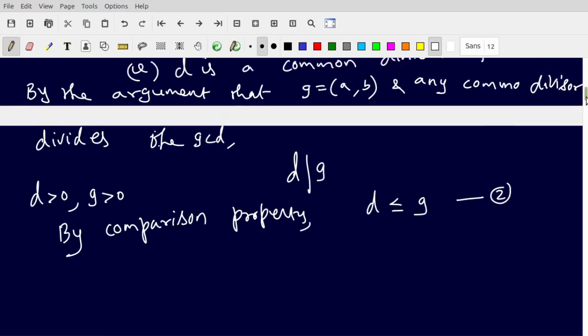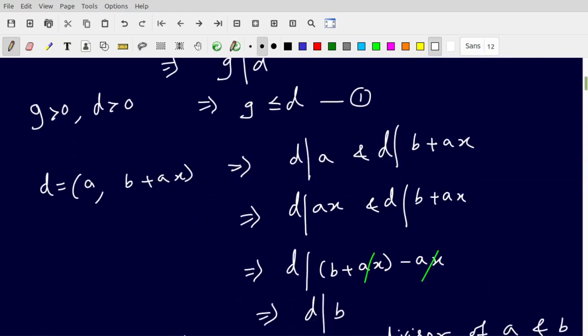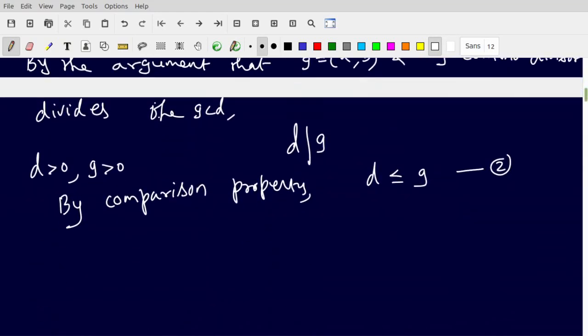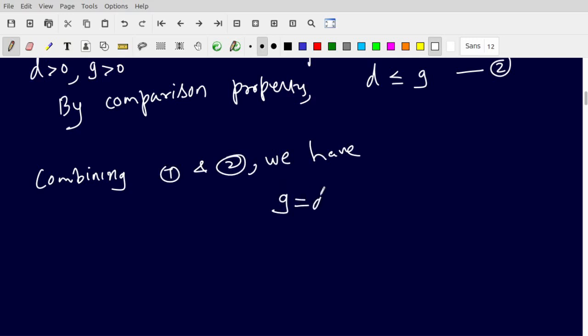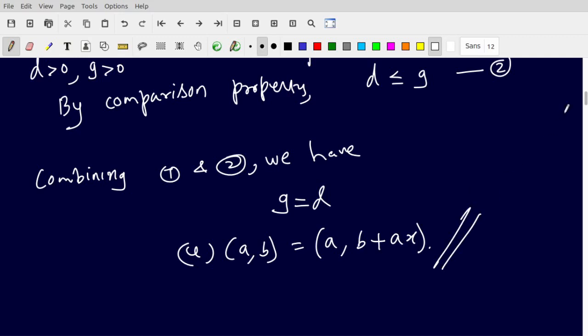Equation 1 is G less than or equal to D, and equation 2 is D less than or equal to G. So combining 1 and 2, we have that G equals D. That is, the GCD of A comma B equals the GCD of A comma B plus AX. That's all for the theorem.